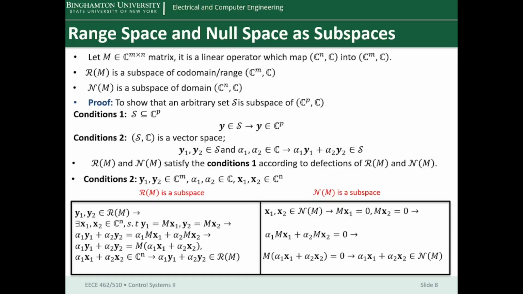Thus, both range and null space are subspaces. Each is defined by the geometry of M, and each of them is a subspace of a different vector space. The null space is a subspace of the domain, and the range space is a subspace of the codomain.